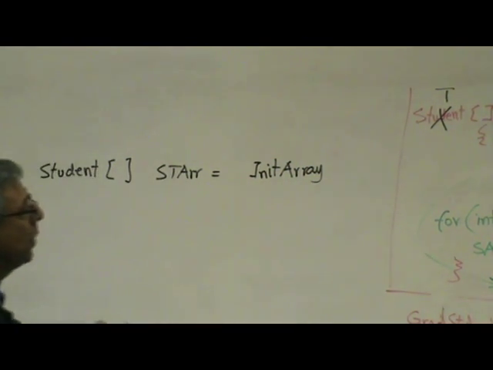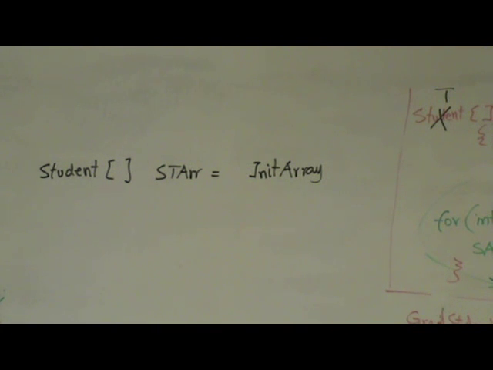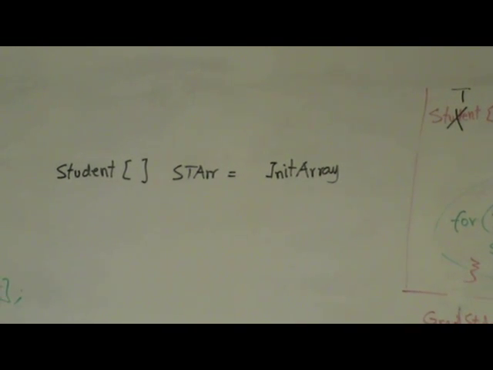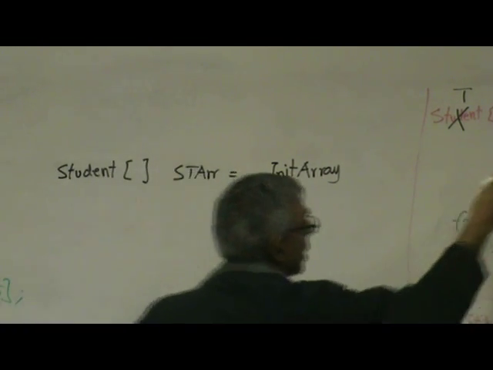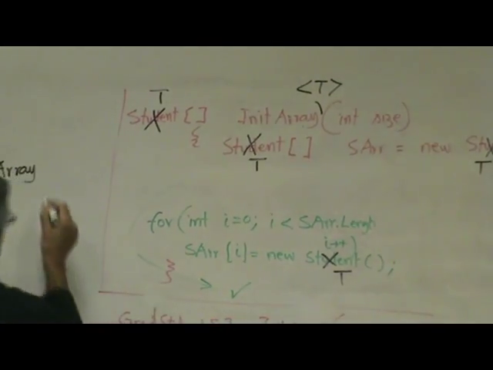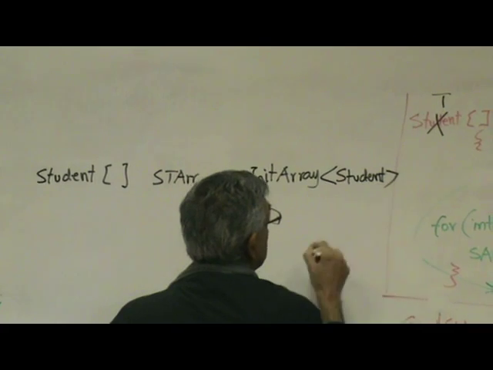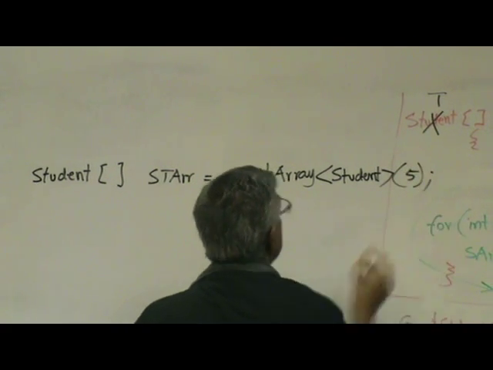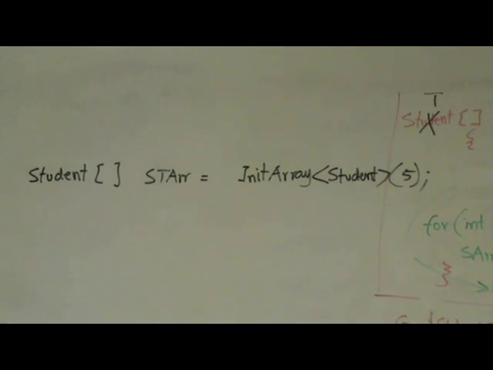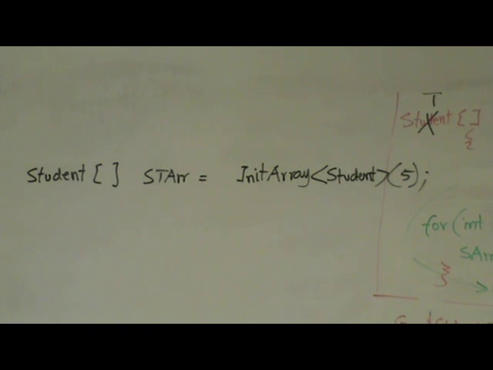Okay, now remember, as I mentioned, it's a good practice to be explicit in the calling code. The calling code decides what should be the type T. So because after the name of the method we have type T, what should I say over here? Student and 5. So this will give me an array of 5 students.